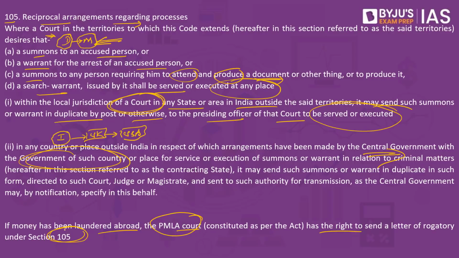This person is not present in India, he is present in some other country, so we are making a request. The court in one country sends some papers to the court in another country, which is what is called a letter of rogatory. So the said government can share the documents and evidence needed by the agency, and ultimately this will help in curbing the menace of money laundering.